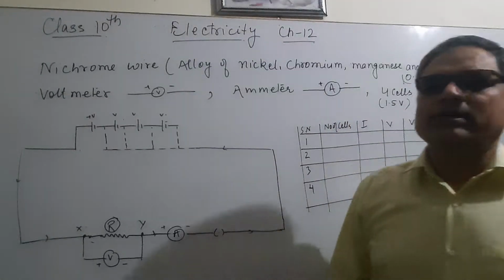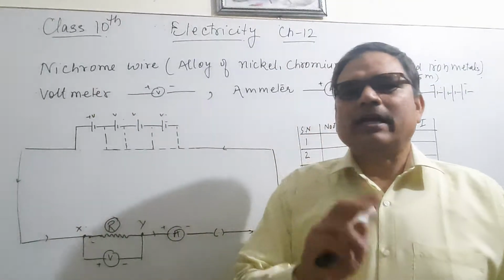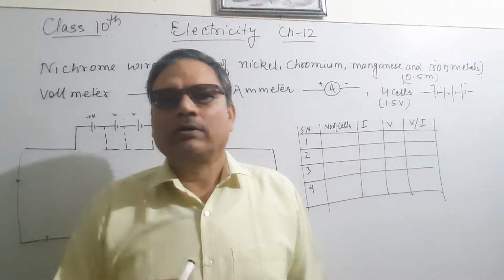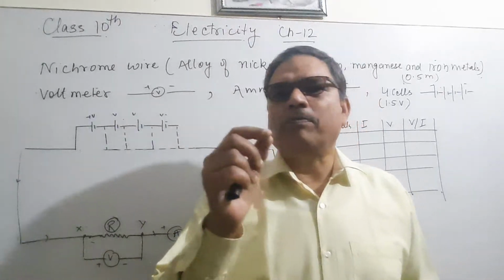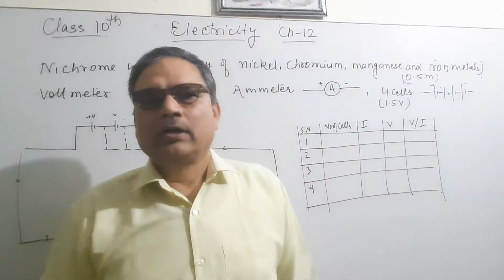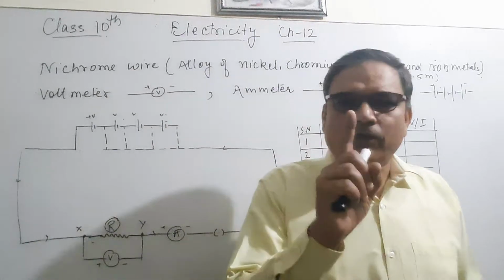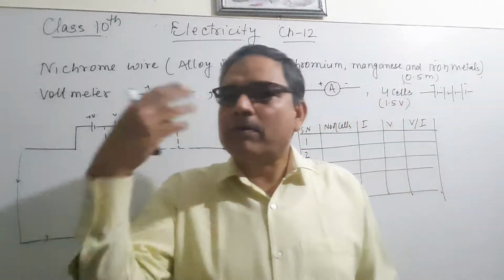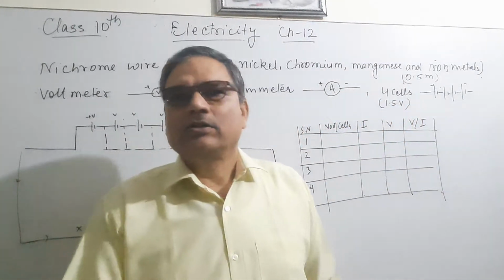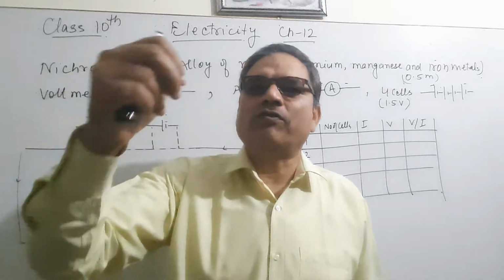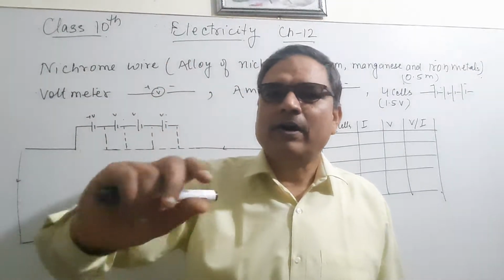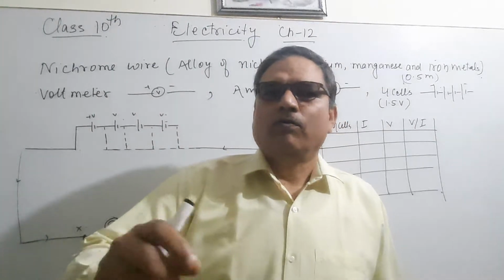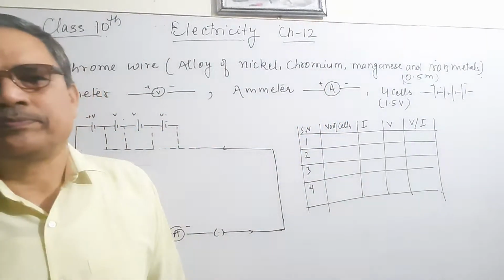And the last one is the number of cells, and these are 4, and the potential difference of each cell is 1.5 volt. One cell has a potential difference of 1.5, then two cells have a potential difference of how much? 2 into 1.5, and 3 cells 3 into 1.5, and 4 cells 4 into 1.5 V.